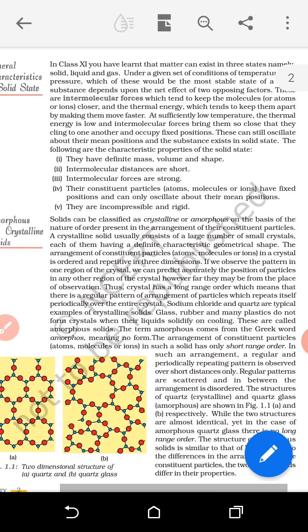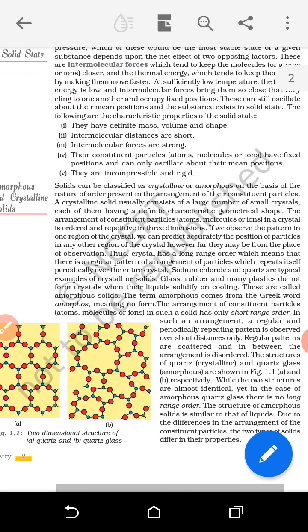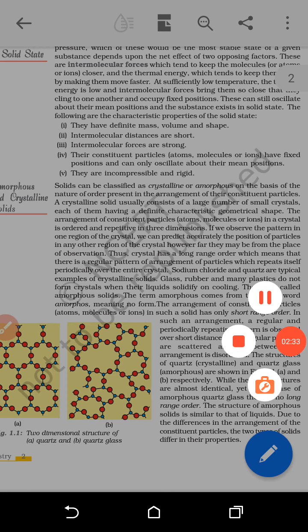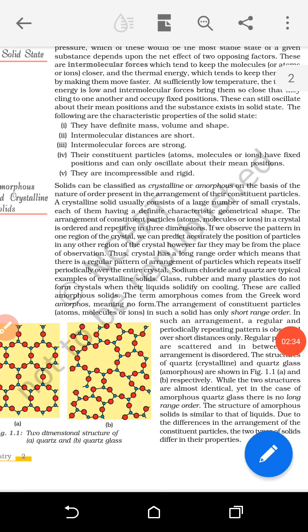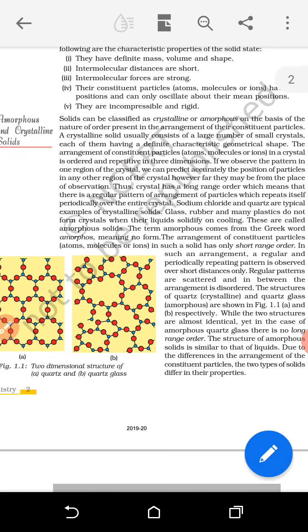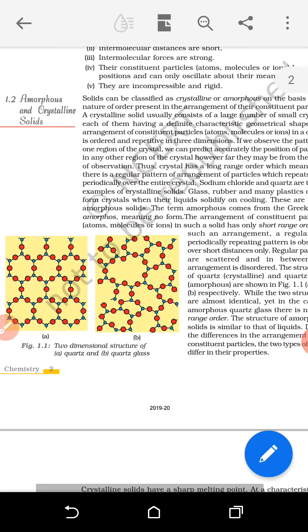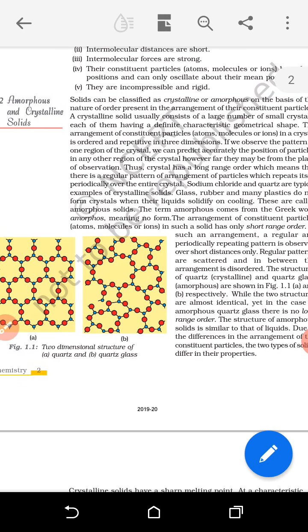The intermolecular forces are strong. Their constituent particles, which can be atoms, molecules or ions, have fixed positions and they can only oscillate about their mean position, and they are incompressible and rigid.